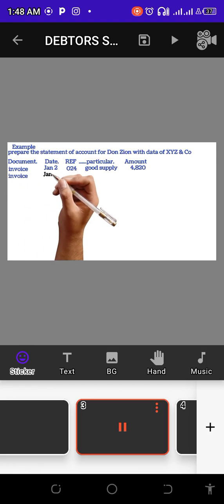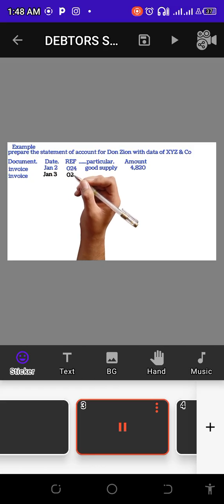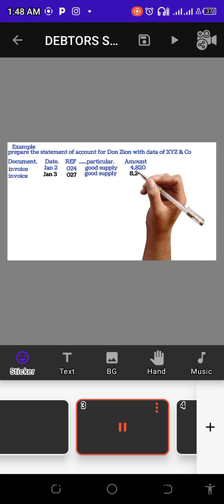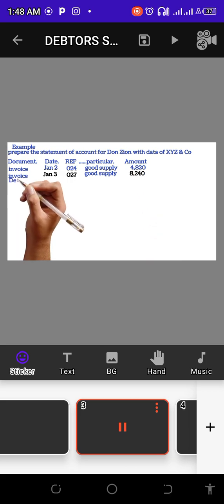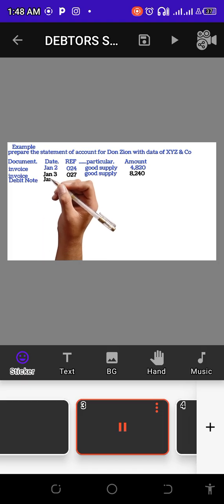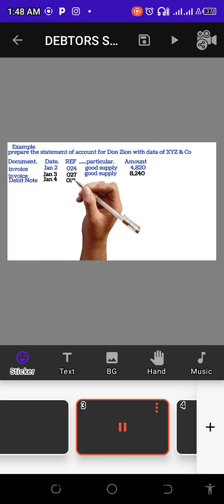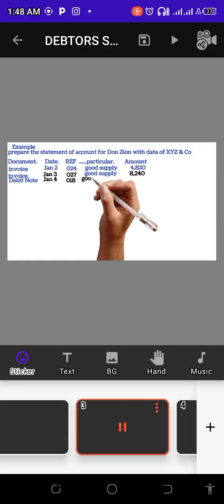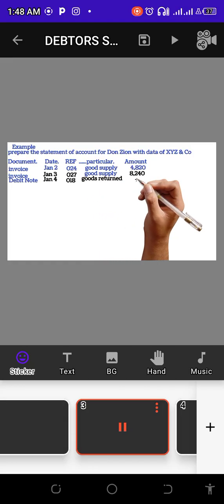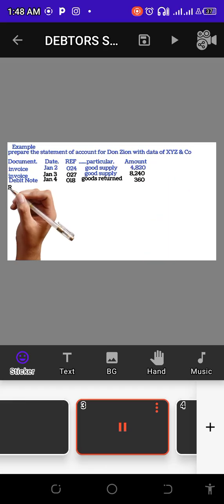Then January 3rd is an invoice. It's also a supply, and the amount is 8,240. Then January 4th, there's a debit note. The invoice number is given and the transaction is returned, and that return is 360.